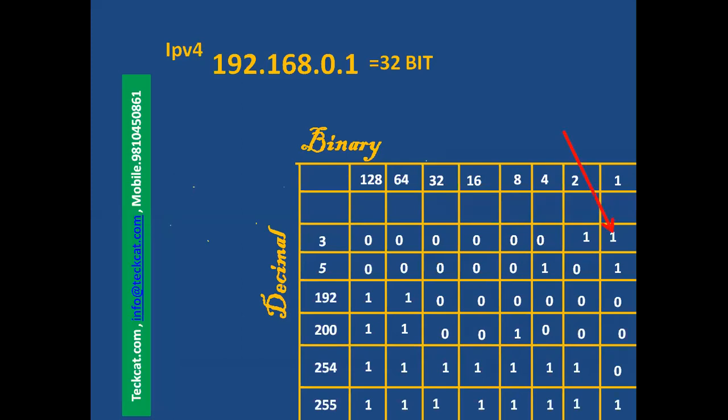And you know, this binary 1 is called the network bit, and this 0 is called the host bit. Right? So now we have learned how to convert a decimal value into binary format.